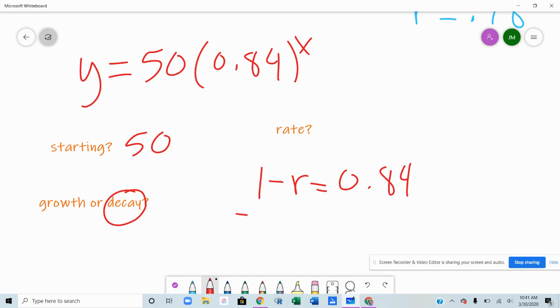So then I'm going to subtract 1, which gives me negative R equals, and you're probably going to want a calculator for a lot of these problems. And then you've got 0.84 minus 1 is negative 0.16. And then here your negative and here your negative are going to cancel out. So R is equal to 0.16, which is 16%.